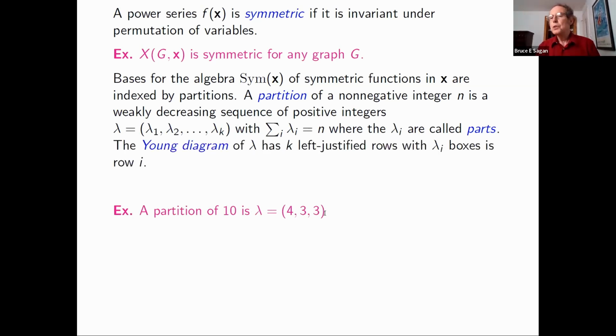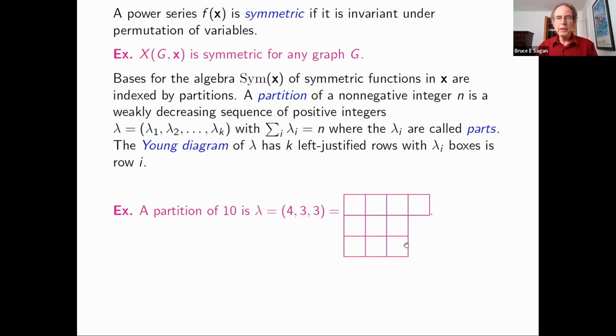Now, we're going to use the Young diagram of lambda. So this is a diagram of boxes, but we're not going to do it in the same way as in Sylvie's talk. We're going to use English notation. So the boxes are going to be in rows. The ith row will have lambda i boxes, and they're all left justified. So write 4 boxes in the first row, 3 in the next, and 3 in the next. Okay.